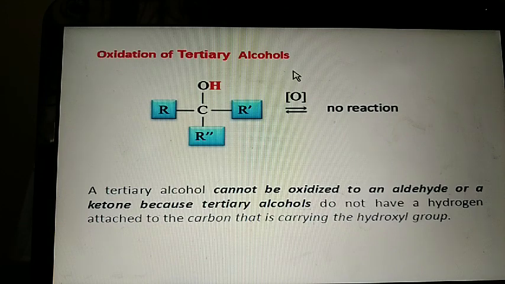Now, oxidation of tertiary alcohol. What happens on oxidation of a tertiary alcohol? It will give no result, meaning the reaction will not work, because only when the carbon has the OH functional group as well as one hydrogen directly attached to the same carbon atom will oxidation lead to either acetone or acetaldehyde, that is, aldehydes or ketones.